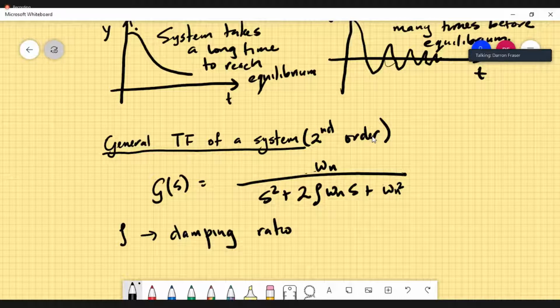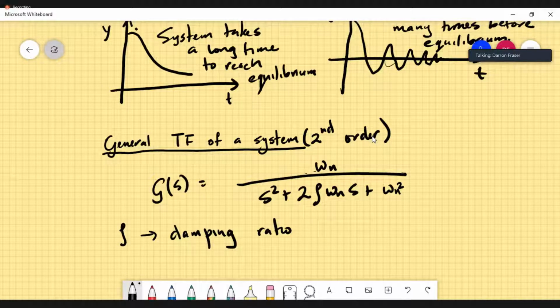Or in condensed milk. So the damping ratio tells you how much opposition to the motion you would have.